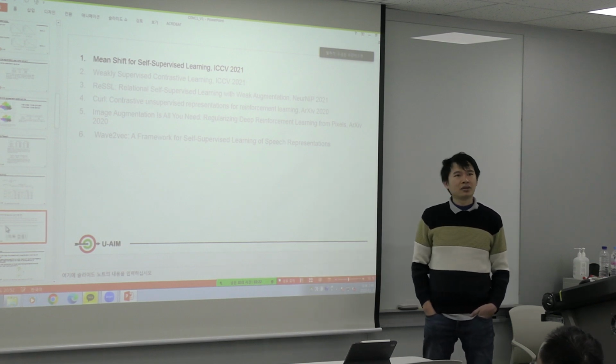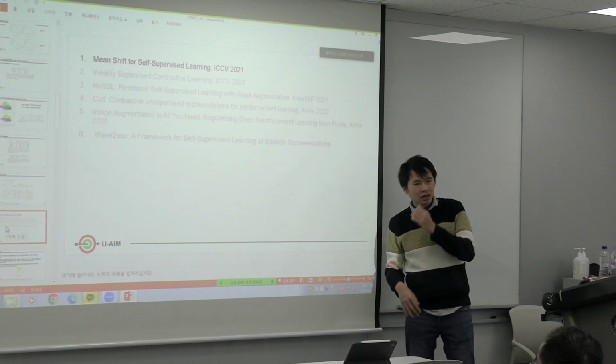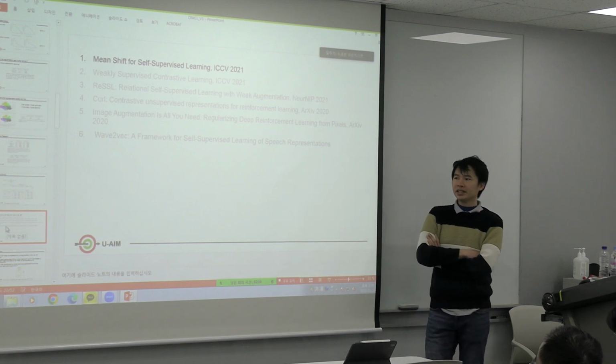It tries to inject inductive bias to learn information from data without requiring human labels. They usually use pretext tasks in order to inject inductive biases to guide the model to learn useful information from the data. Okay, so what is inductive bias then?